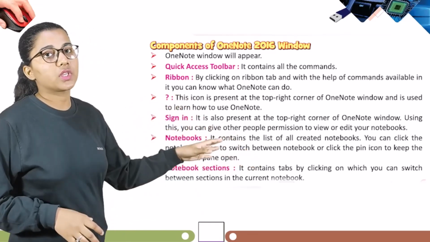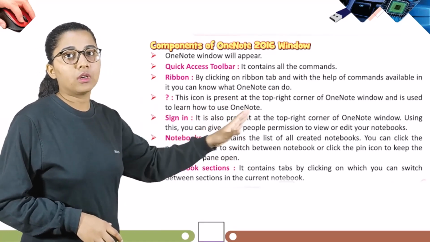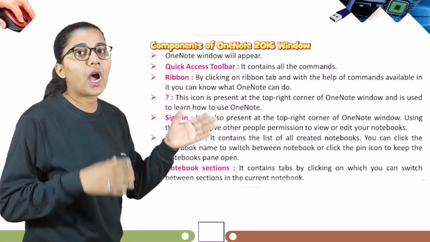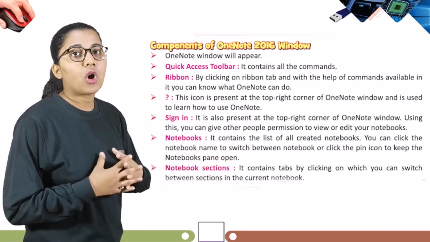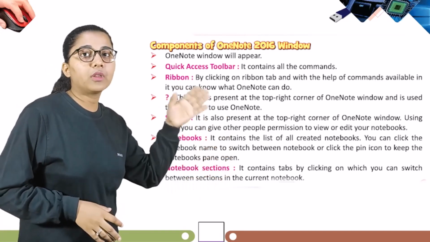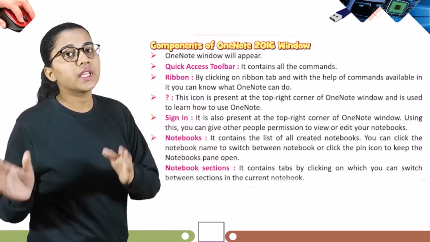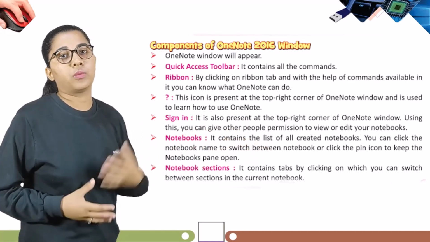Then we have the question mark. This icon is present at the top right corner of the OneNote window and is used to learn how to use OneNote. Then we have sign in. It is also present at the top right corner of the OneNote window. Using this, you can give other people permission to view or edit your notebook.